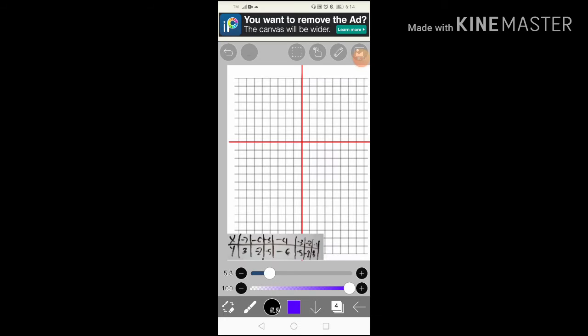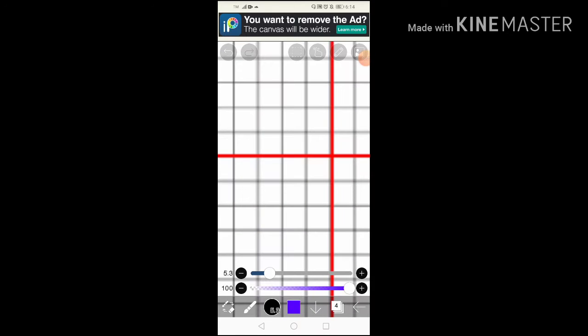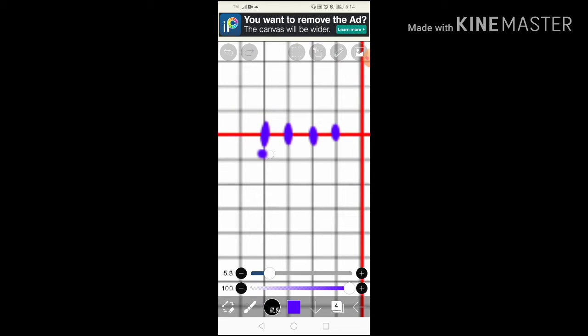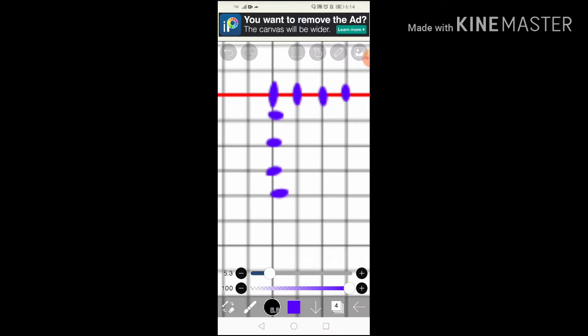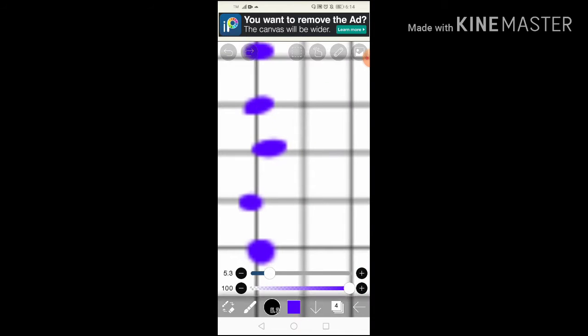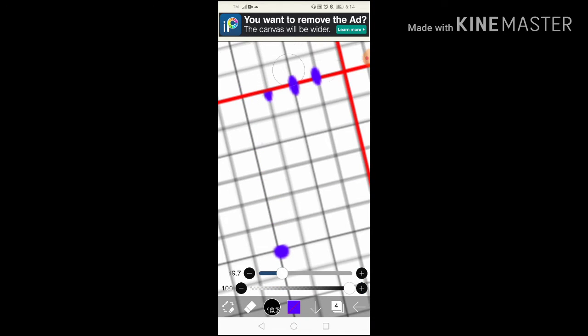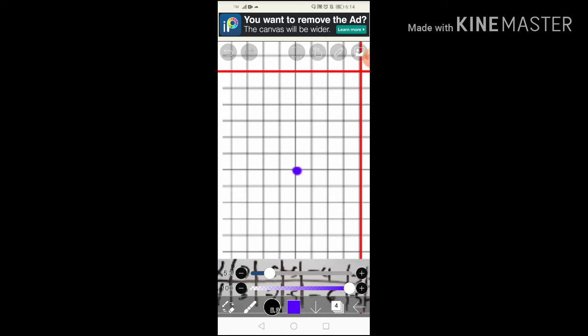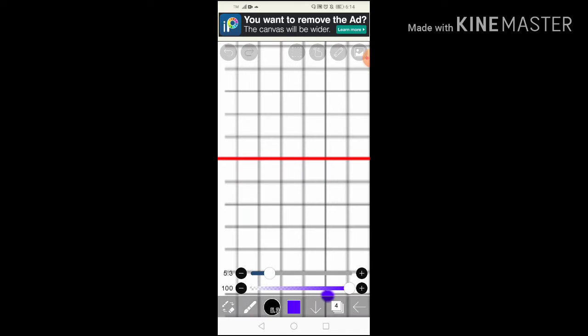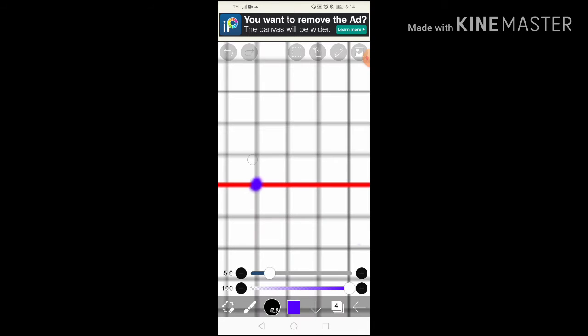Alright guys, so equation number 4, let's graph. So negative 4, negative 6. So 1, 2, 3, 4. 1, 2, 3, 4, 5, 6. Alright. So we got negative 7 and then 3. 1, 2, 3.